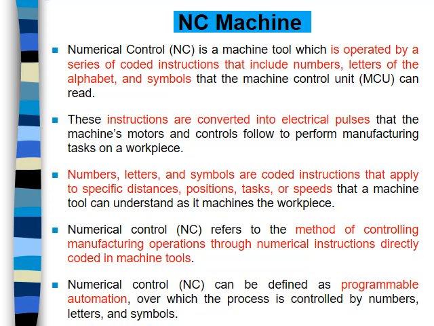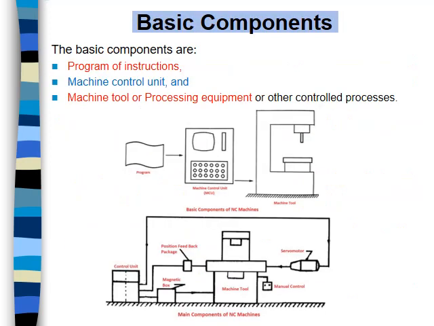Numeric control refers to the method of controlling manufacturing operations through numeric instructions directly coded in machine tools. Numeric control can be defined as programmable automation over which the process is controlled by numbers, letters and symbols.